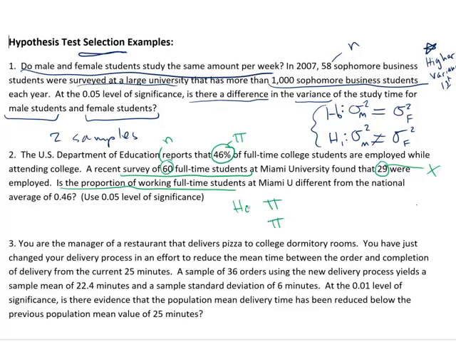Our H null is focused on the proportion, and it says is the proportion of full-time students different from something? So difference again is equal to or not equals to, and it asks different from the national average of 0.46. So just put a 0.46 there, 0.46 there, and there is my hypothesis tests.